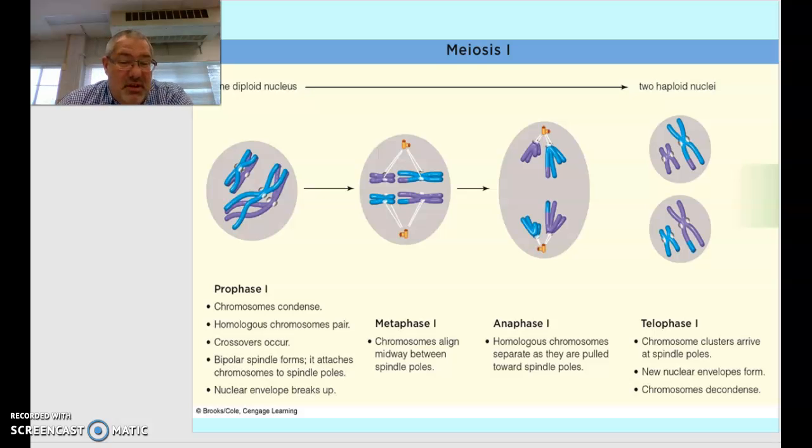So the differences in meiosis are in prophase 1 and anaphase 1: crossing over and separation of homologous chromosomes. Those are your two unique events that occur.